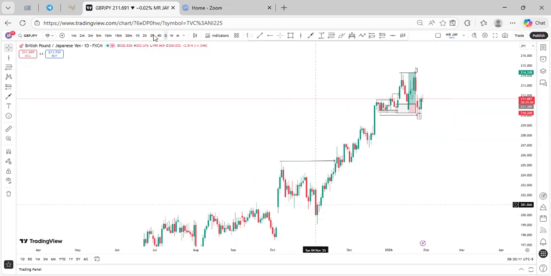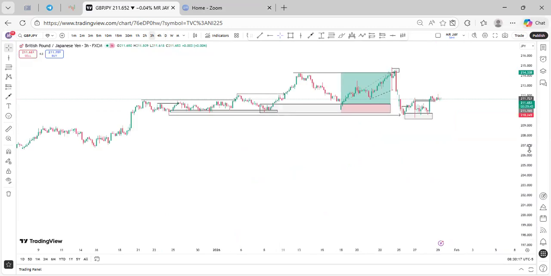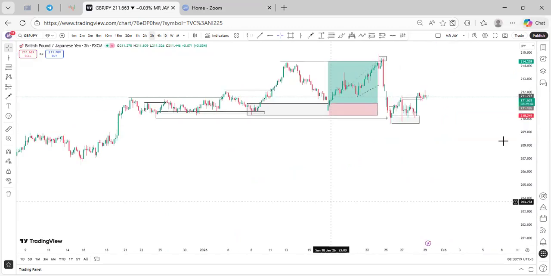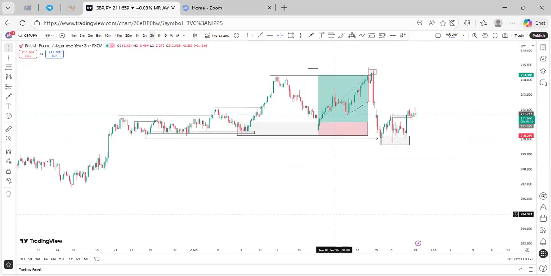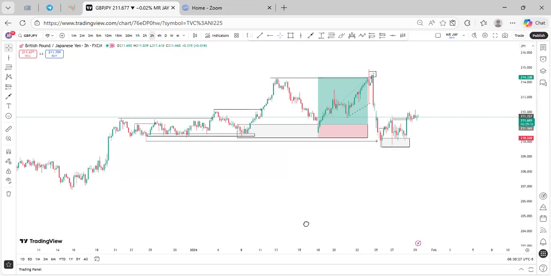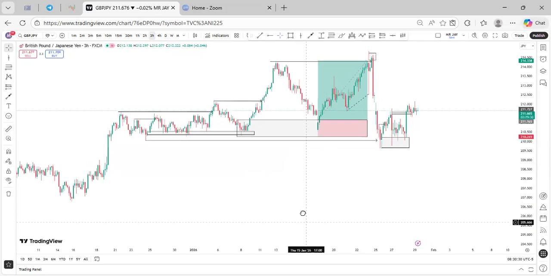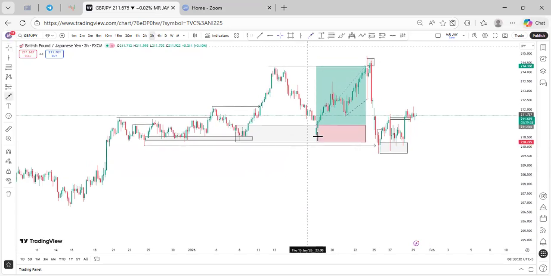Although right now we have a reversal, in the sense that the market has been creating higher highs all this while, and now it has broken below this low over here, right? So now we'll be looking for reversal setups.